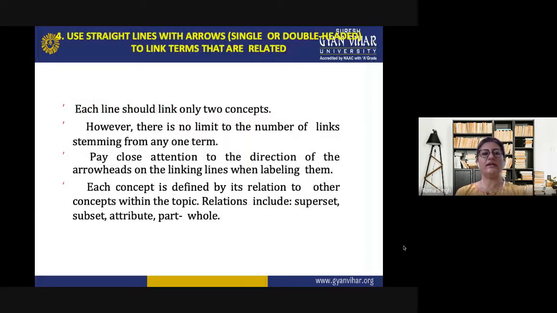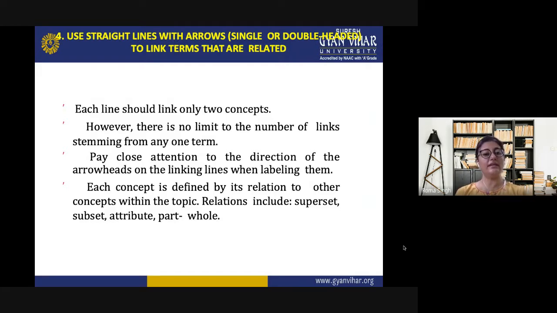Use straight lines with arrows. We have discussed that these could be single or double-headed so that the related terms can be linked. Each line should link only two concepts, so there should be a purpose behind that. There is no limit to the number of links stemming from any one term, so there can be many links coming out of one term.